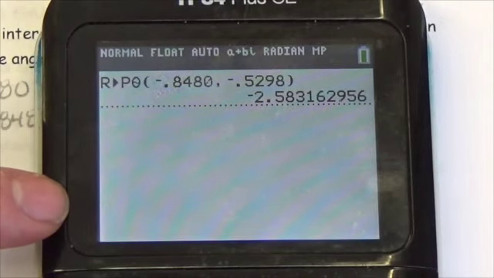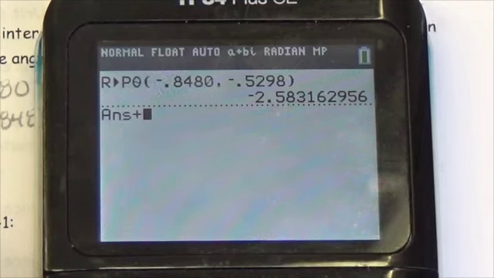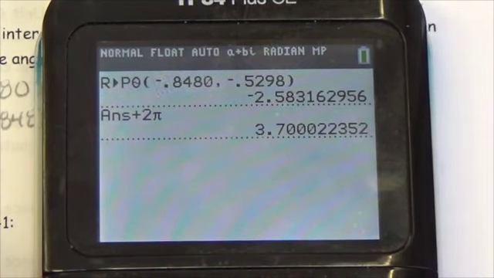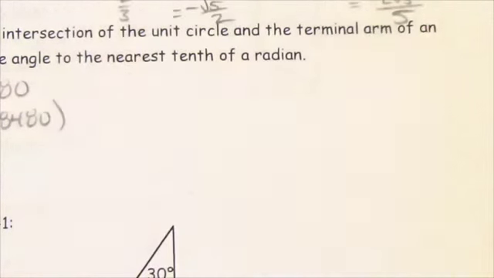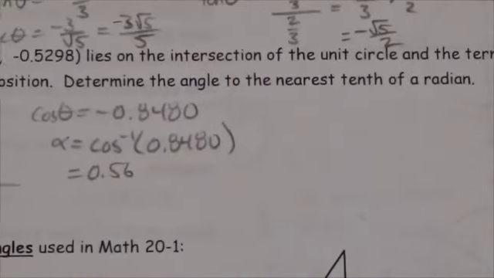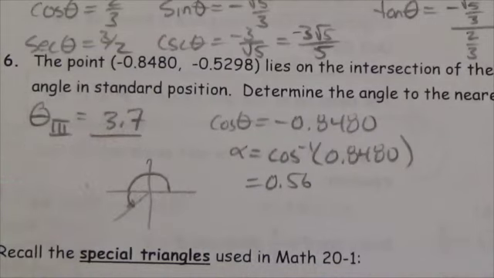If you want the angle we're looking for in the third quadrant, all I have to do is add 2 pi to that, and that's the answer that we got. So just a neat little tool that the calculator has for figuring out the exact same thing. There it is over here, and the answer was 3.7 again. Sorry, 3.7.